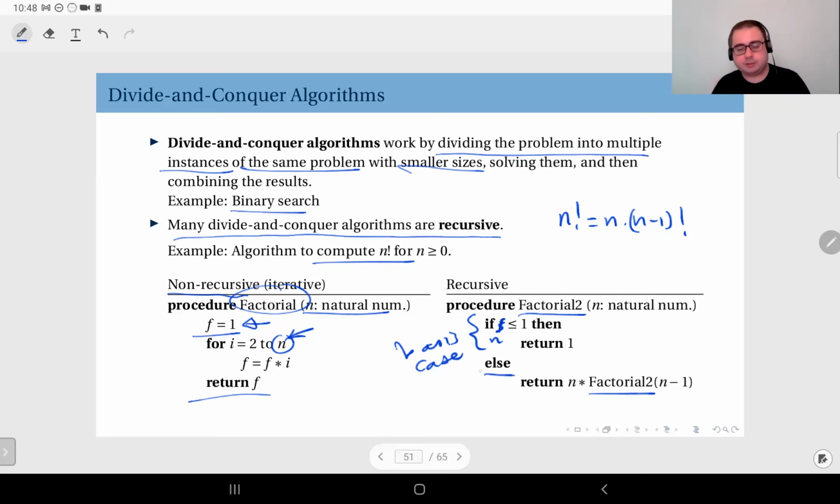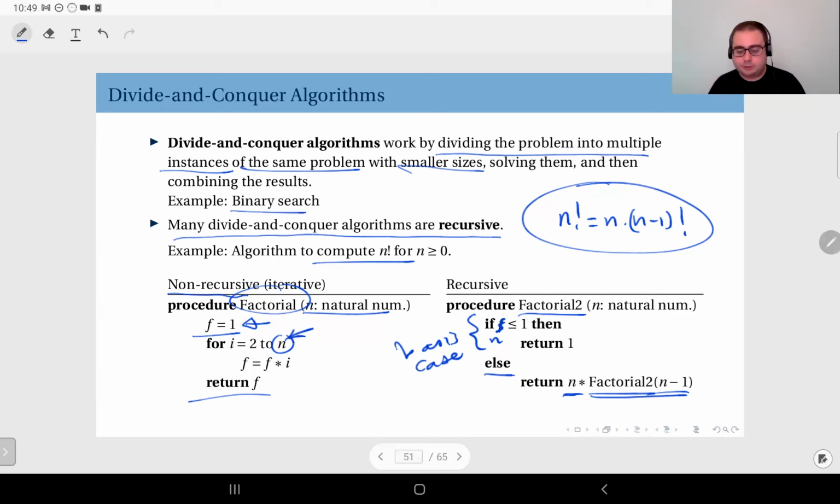Or you have some number input that is greater than 1, in which case you use this relationship. You return n times the factorial of n minus 1. Because I have this function that computes factorials, I can use it to compute the factorial of n minus 1. And then when I have that value, I multiply it with n to obtain the final result.